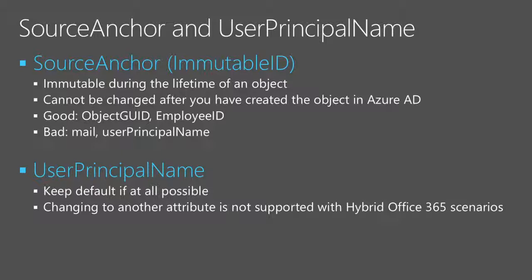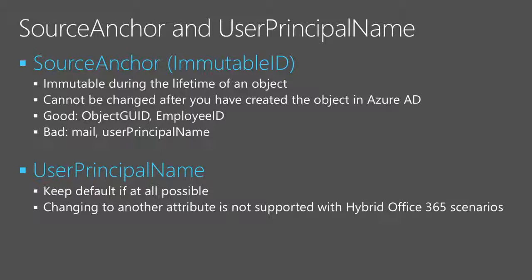Really bad examples are mail and user principal name, because they are being changed if you get married. Also, the @ sign is a forbidden character. So also, if you try to get federation to work, it just won't work, because eventually we'll end up with 2 @ in the cloud and nothing will work. The other thing is user principal name.